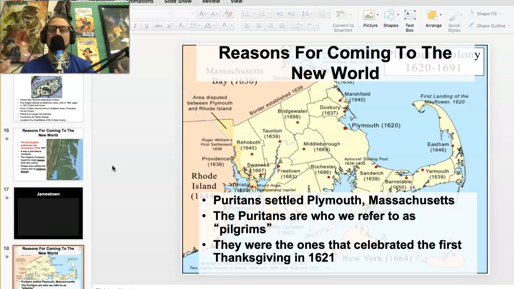However, as more and more people come over from England to America, you will start to see divisions in those ranks. Let's talk about one of the most famous groups, the Puritans, also known as the Pilgrims in American society. Now, the Puritans fled England to avoid religious persecution via the king.